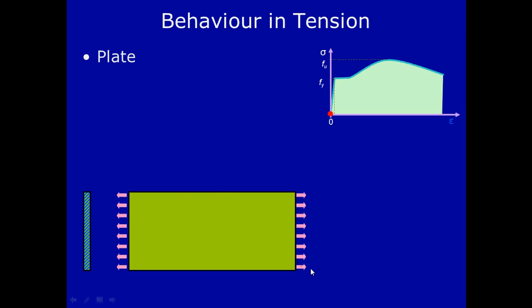The tensile forces are represented here using pink color, and the plate is a mild steel plate, so that's why the stress strain curve is represented like this. The area under the stress strain curve is the toughness of the mild steel plate. This is the cross section of the plate.